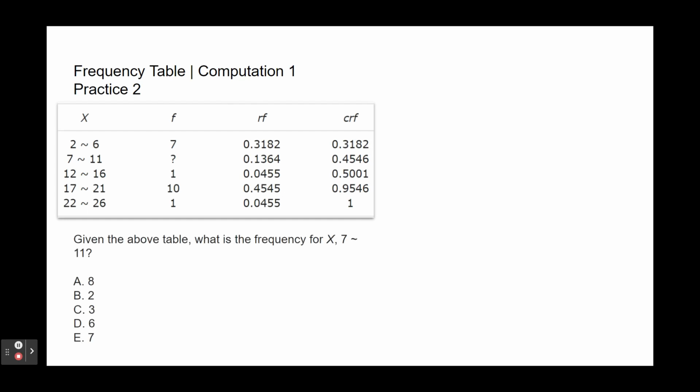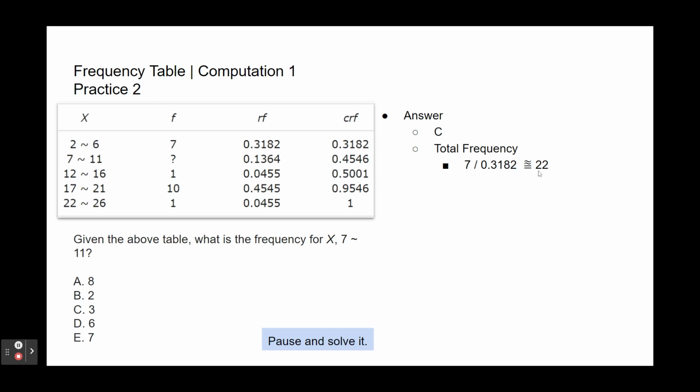This frequency table, what is the frequency for x in the interval from 7 to 11? The answer is C. First of all, we have to calculate the total frequency. So 7 divided by 0.3182 becomes 22. This is one way to calculate total frequency very easily; 1 divided by 0.0455 also gives approximately 22, with a rounding error.